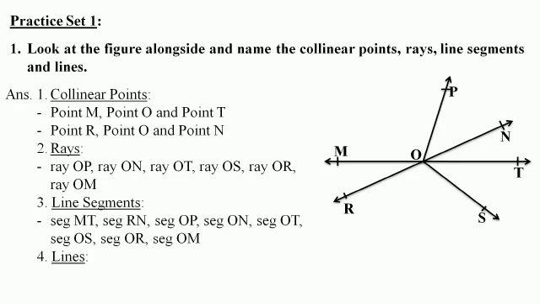Lastly, lines. Lines are straight lines with arrowheads on both the ends. We can clearly see there are only two lines in this figure, line NT and line RN.